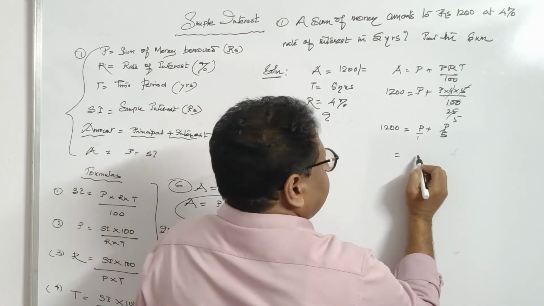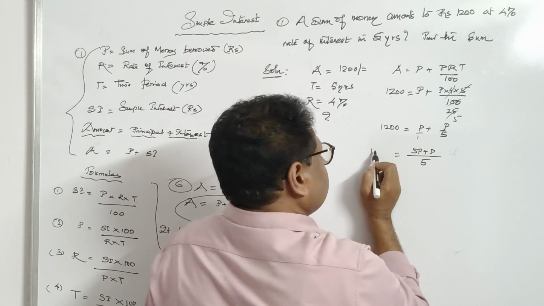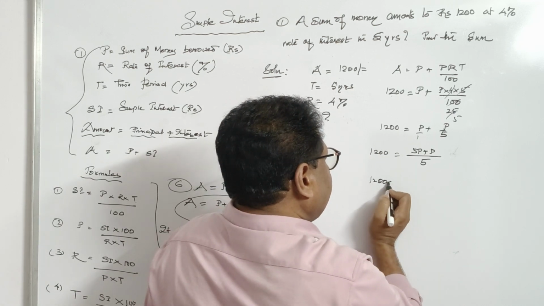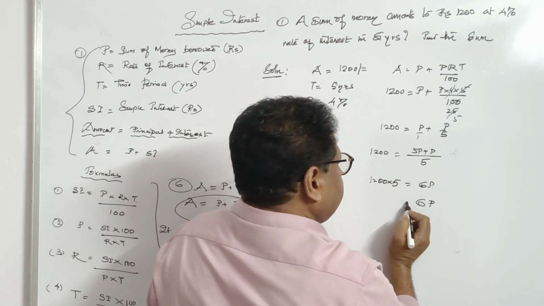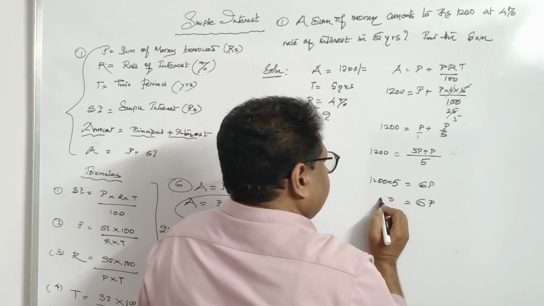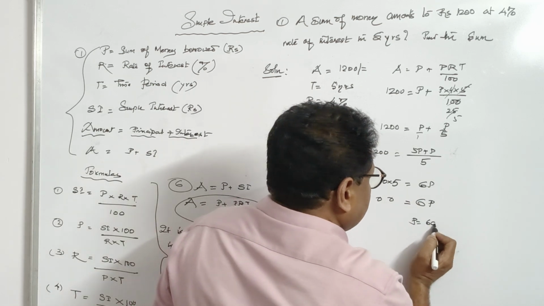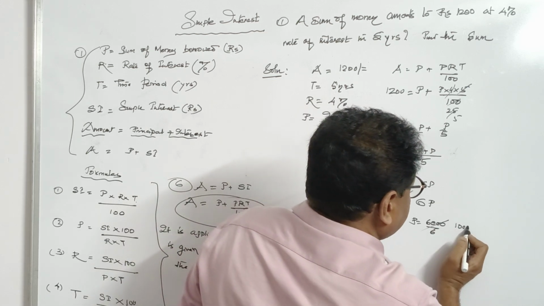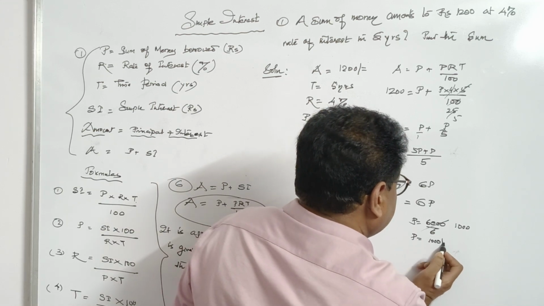On taking LCM, we have 5P plus P equals 1200. On cross multiplication, 1200 into 5 equals 6P. That brings 6P equals 6000. So P equals 6000 by 6 and that comes to 1000. So the sum of money is 1000.